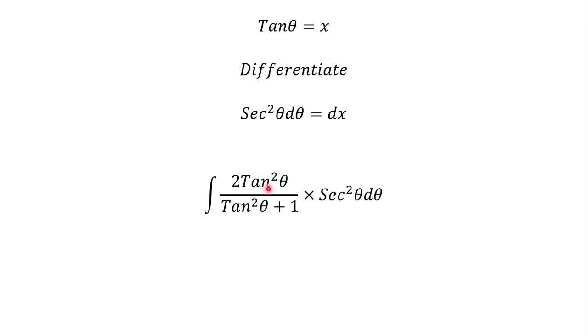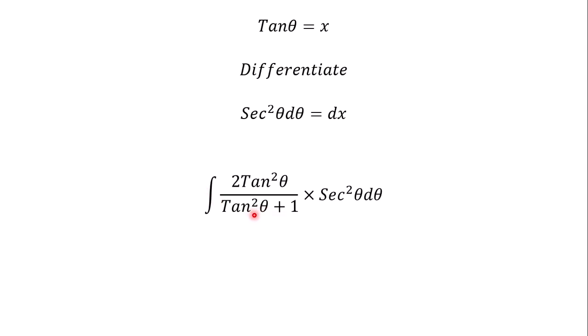On the numerator here, we are going to get 2 multiplied by tan theta squared, divided by tan theta squared plus 1, times secant theta squared d theta. Okay, good. Don't worry about the 2. It will surely come out here. You can take it out the moment you get it, maybe somewhere in the next step.